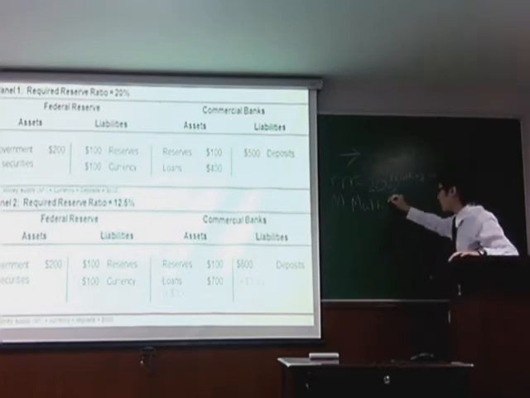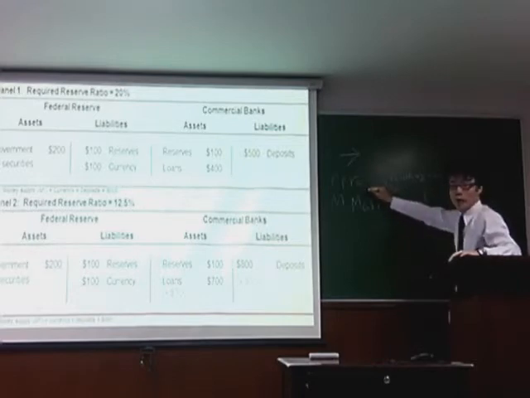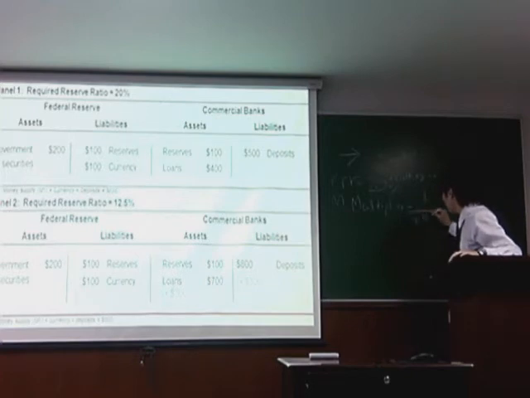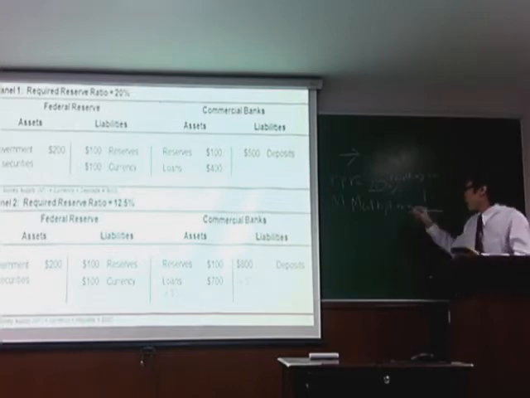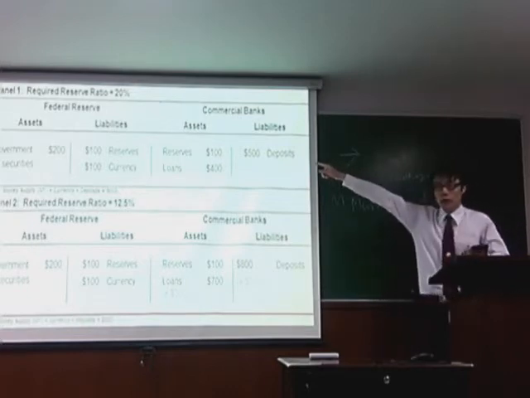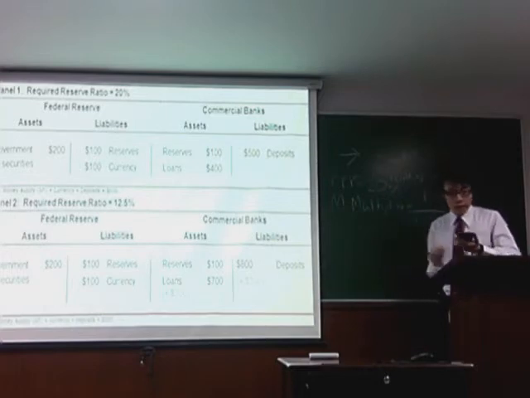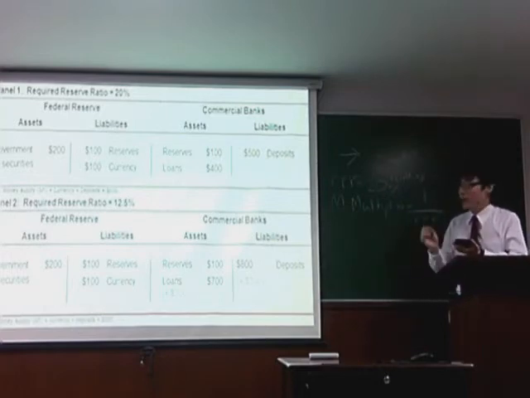Money multiplier is 1 over our required reserve ratio. So R. Right? So let's check it out here. Let's see what a money multiplier is. It's 1 over 20%, right? So 1 over 0.2, that gives us 5, right?